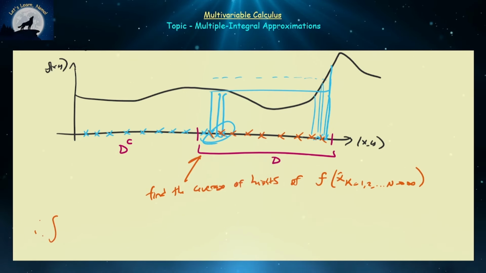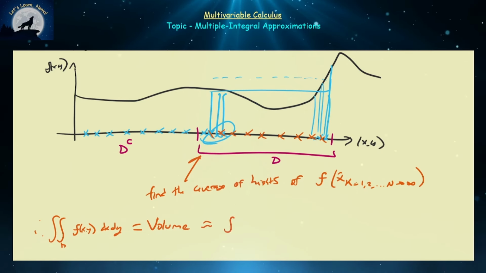And therefore, our double integral all over D of f(x,y) dx dy, which keep in mind is just some volume, is going to be approximated by the average height, which I'm going to represent by f hat.